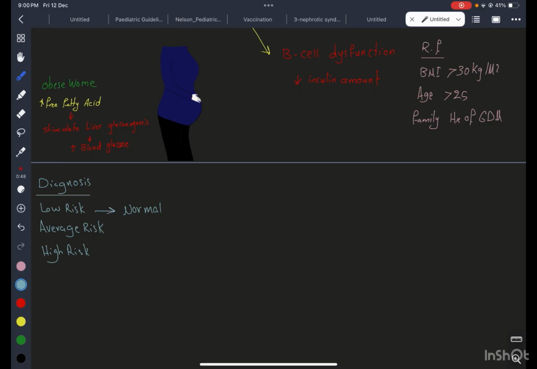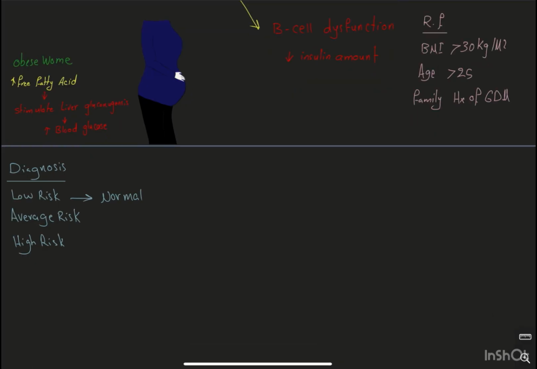For the low risk, the women have normal weight during pregnancy and before pregnancy, there is no family history of gestational DM, and the age is less than 25.